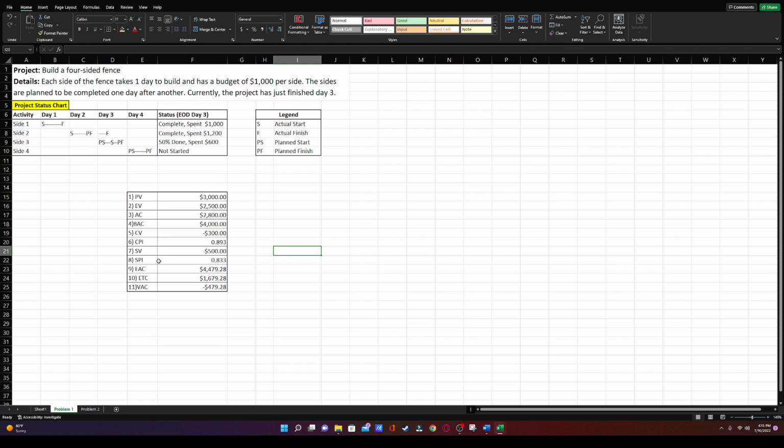So just one important thing to note is you want to know how to calculate everything listed here, right? All these different formulas and all these pieces of information. You want to know how to get them because you can easily see how they start to build on each other, right? We know that CV, CPI, SV, SPI, EAC, ETC, and VAC are all built upon the first four sets of information that we have gathered, right?